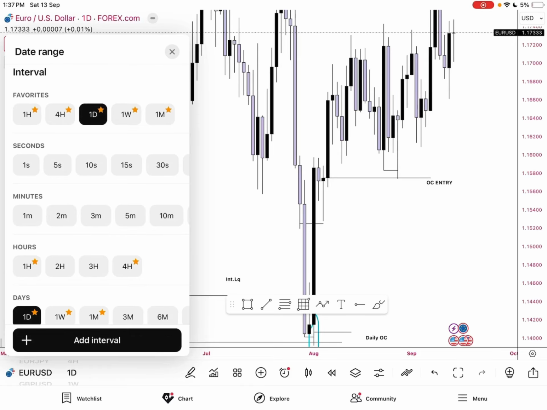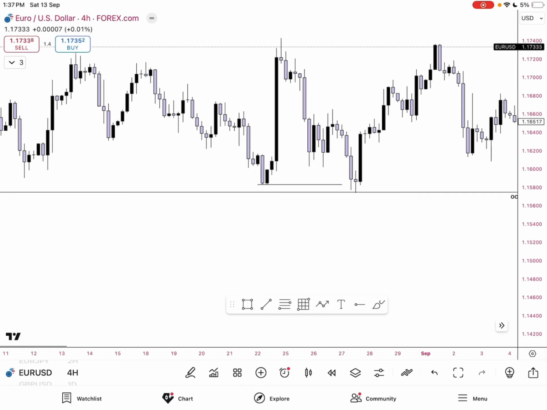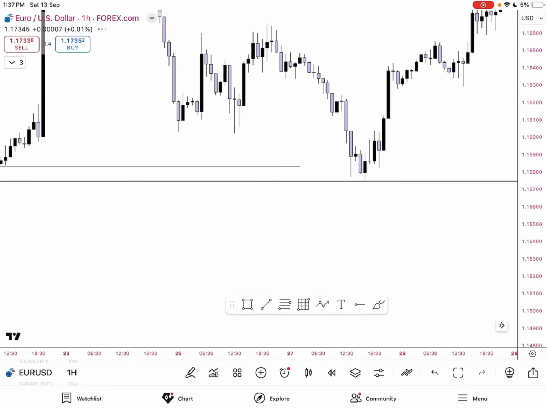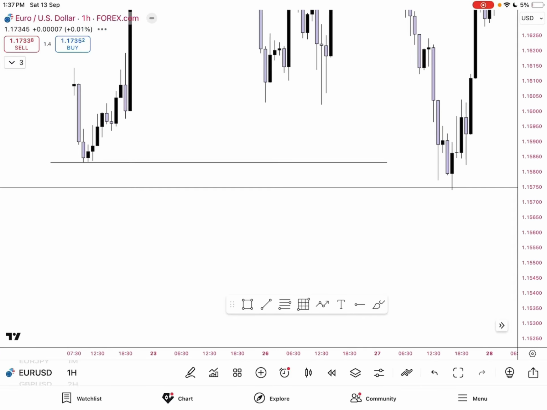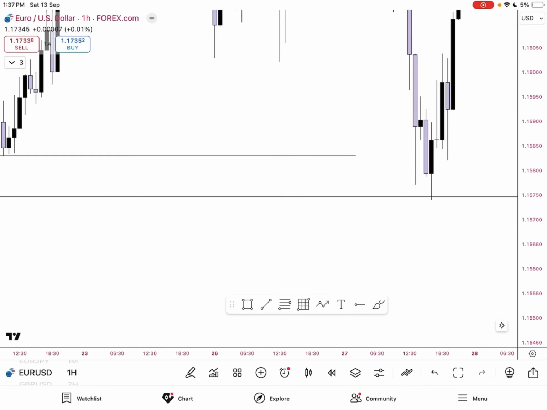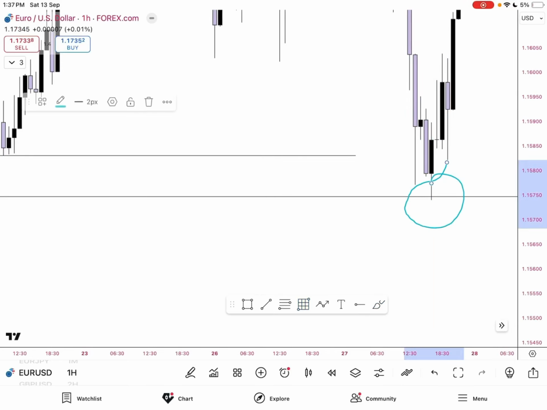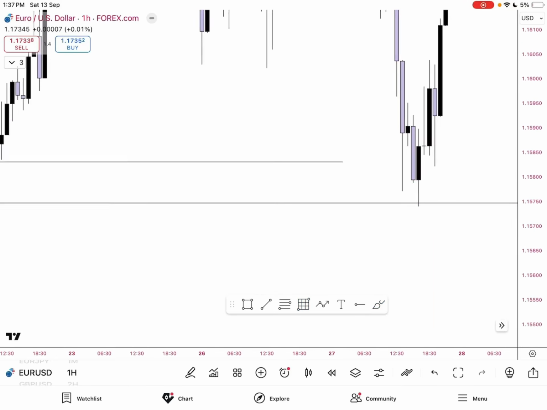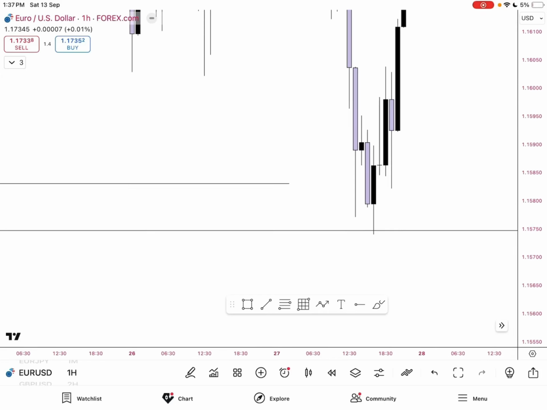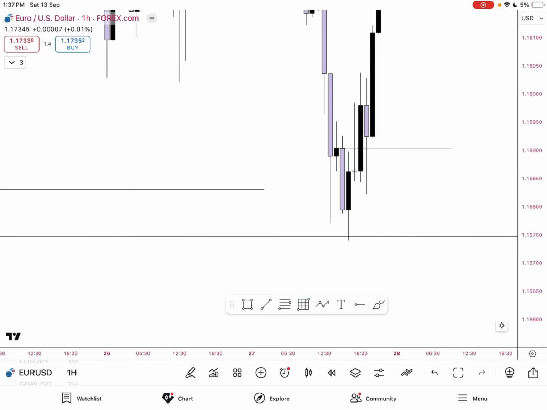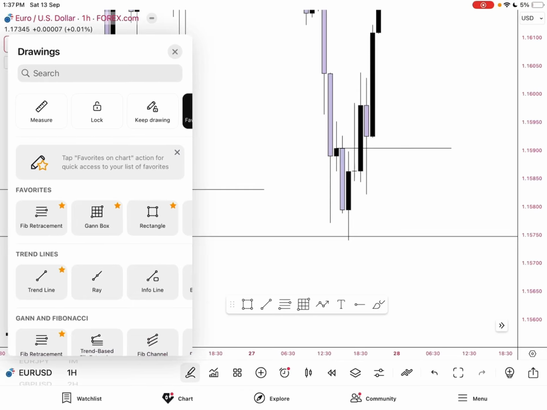So how to find entries? I have less charge, so I will explain this first. Go to the 1 hour time frame. Understand that when the price came to this key level, it closed above the key level. This candle, I marked as the entry in 1 hour.